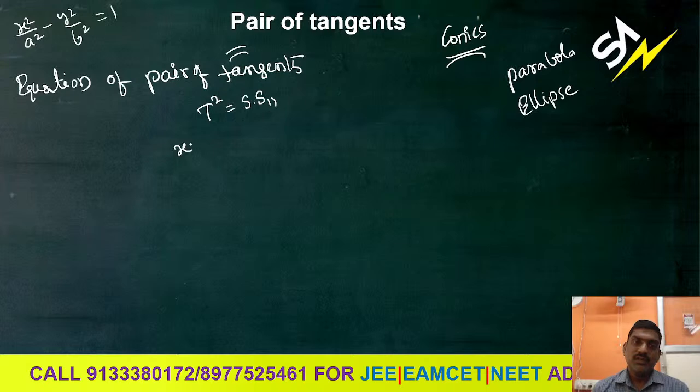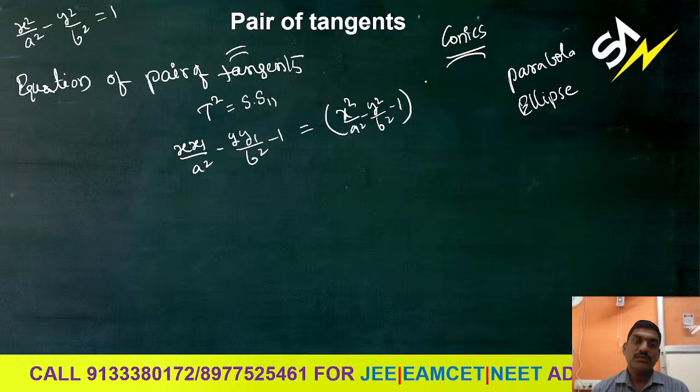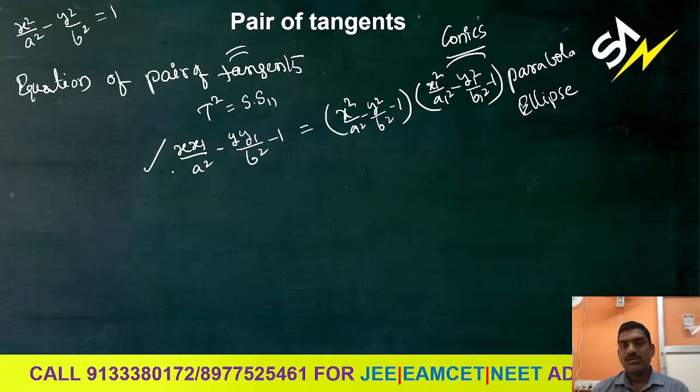T is x1 by a square minus y1 by b square minus 1. What is s? x square by a square minus y square by b square minus 1, and s11 is x1 square by a square minus y1 square by b square minus 1. This is the equation of the pair of tangents. If we simplify this, we can get it.